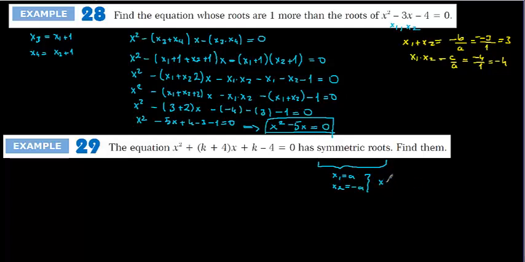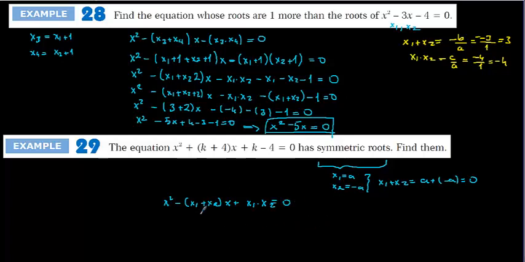Here x1 plus x2 is going to be equal to a plus minus a, which is equal to 0. Here in the question, we know that x squared minus (x1 plus x2) x plus x1 times x2 is equal to 0.